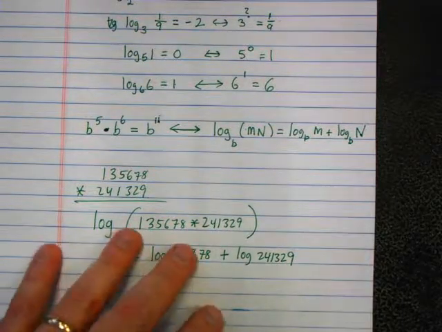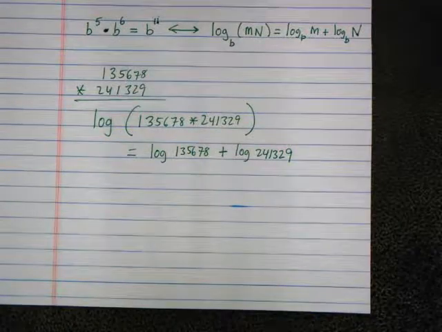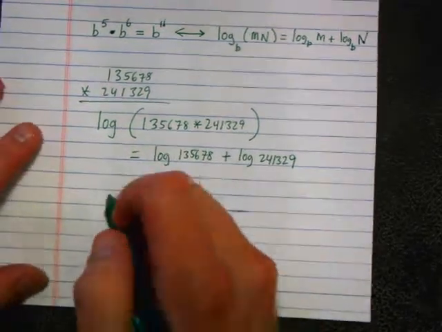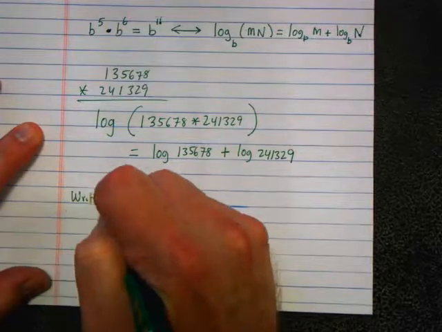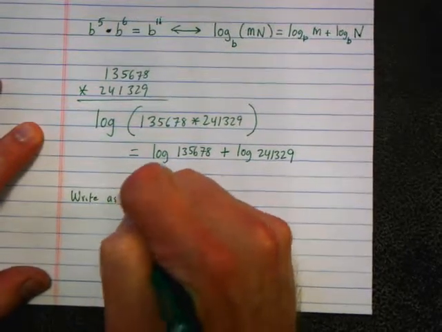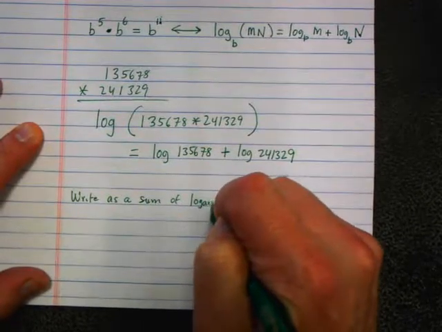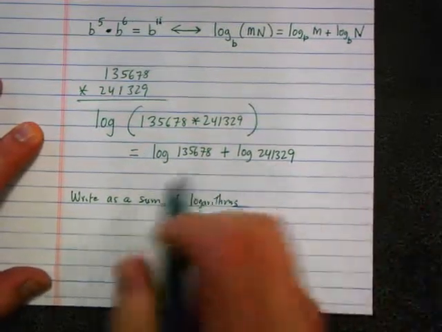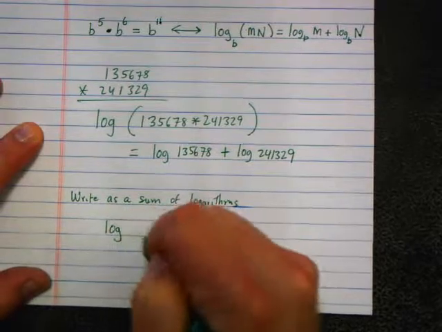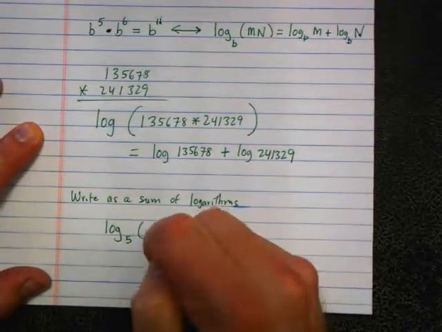All right, so anyway, what you're going to do in this section is the directions are going to be write as a sum of logarithms. And I might give you log base 5 of 10x.